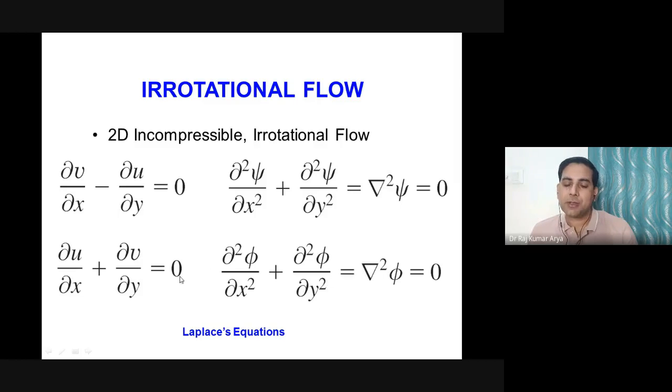Finally that also comes equal to 0. Because 0 is this side, that side is your continuity actually. So the stream function should satisfy the irrotationality, the angular velocity condition, and del square phi, the velocity potential, should satisfy continuity.